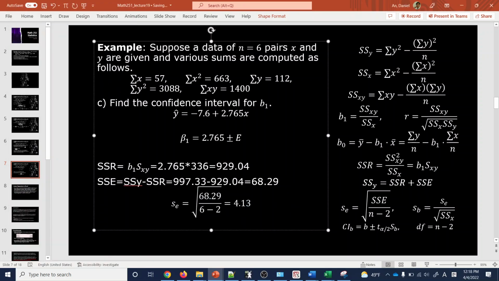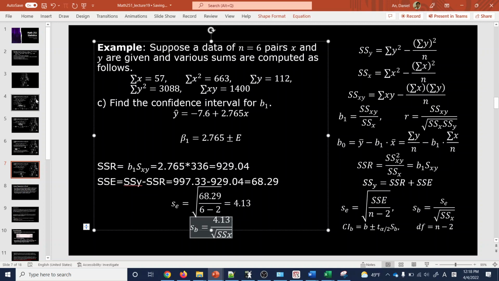All right. And then you get SB by dividing the SE, 4.13, by the square root of SSx, right?